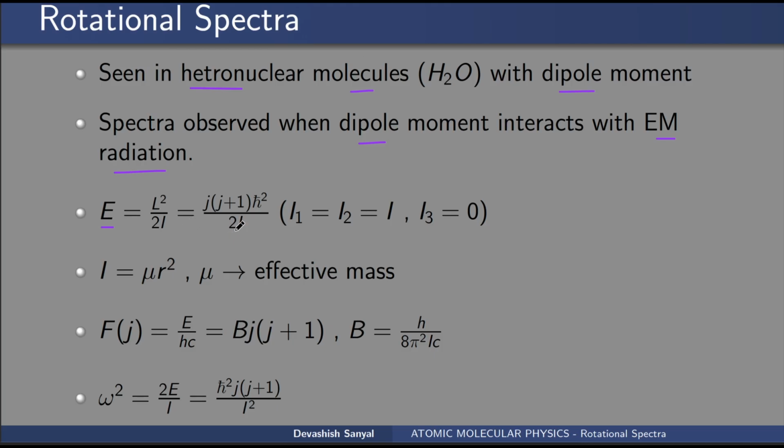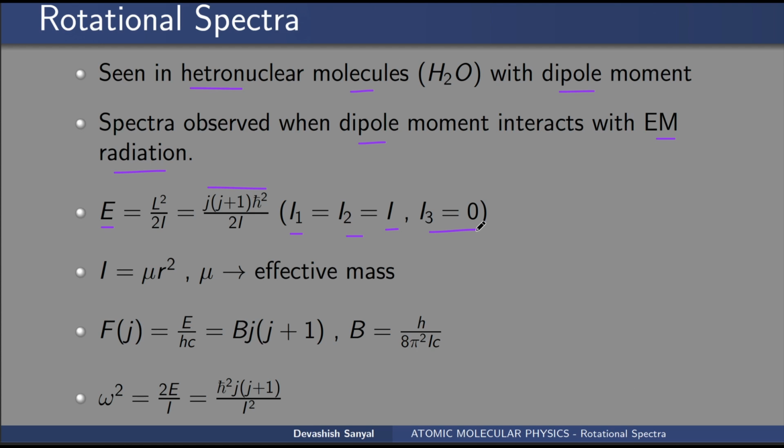L square can take the values J into J plus 1 H bar square, divided by twice I. And we are dealing with a molecule such that the moment of inertia along principal axes 1 and 2 are the same and equal to I, and the moment of inertia along the third axis is 0.